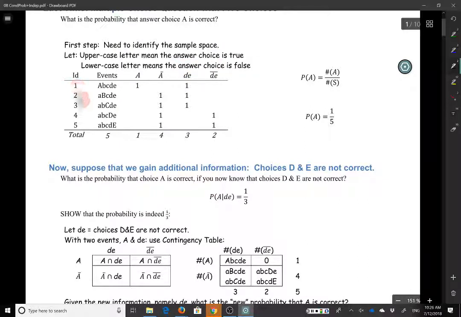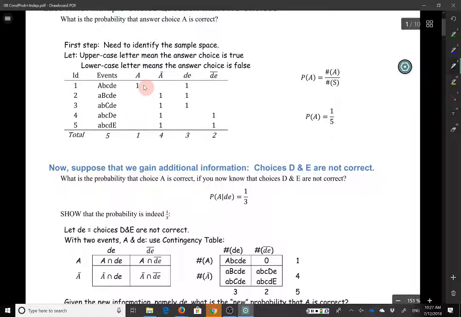There are only 5 events. If event A is true, then the others are false, so the others are lowercase. If B is true, then the others are all false, or incorrect, and so forth. These are our base events.